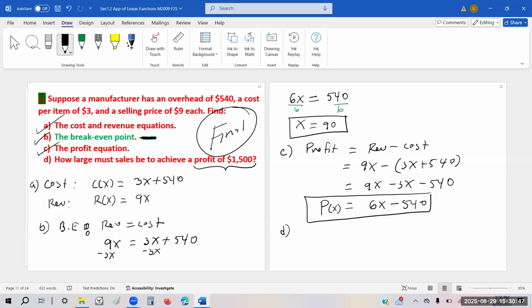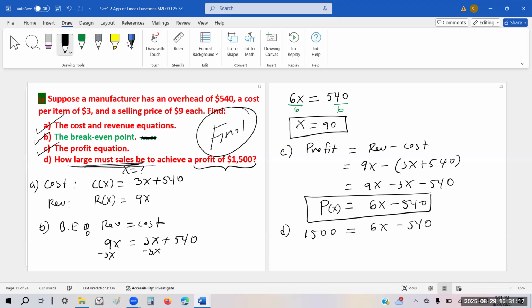Tell me the equation again. They gave us the profit. So P of X is the profit, 6X minus 540. How large the sale must be means what is your X?